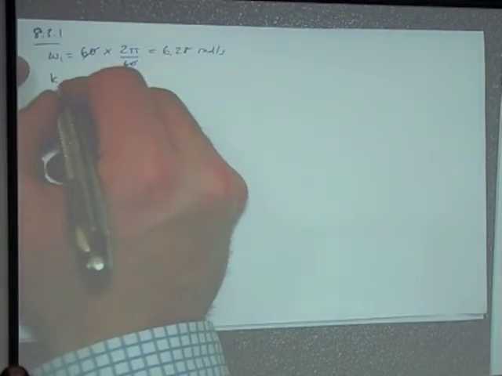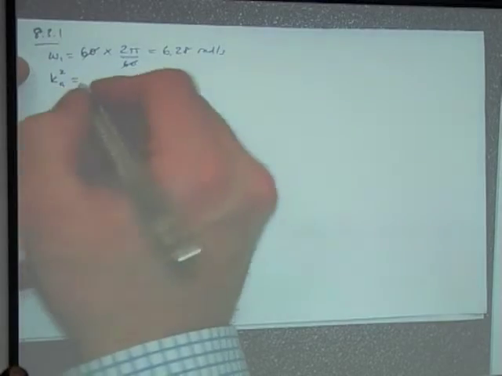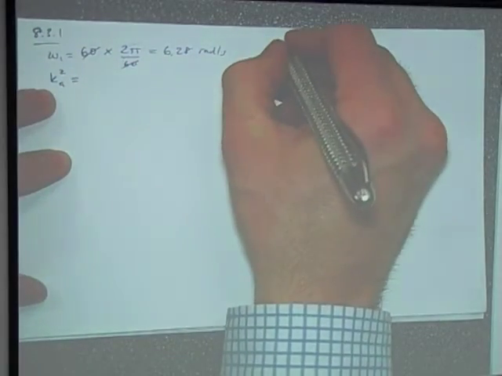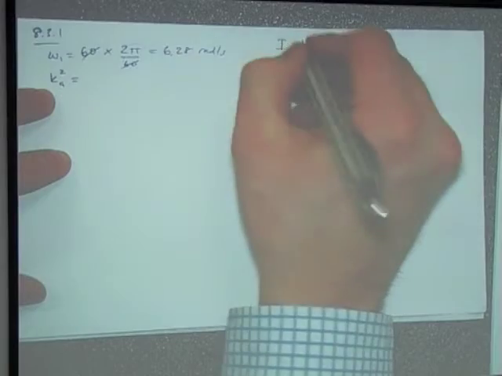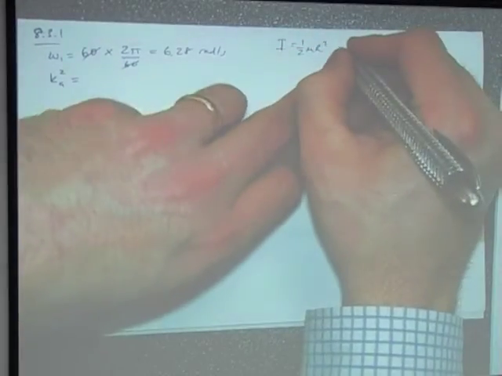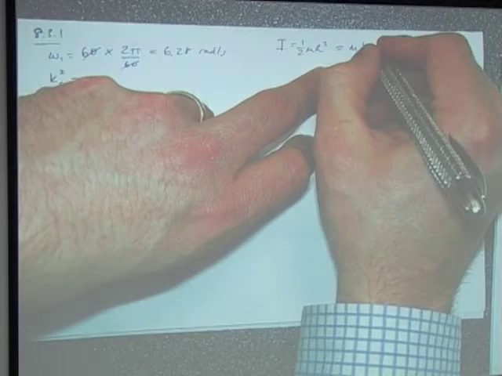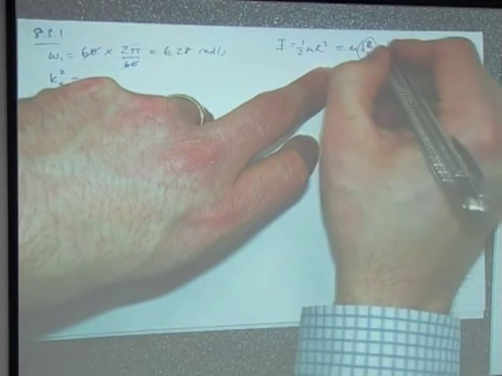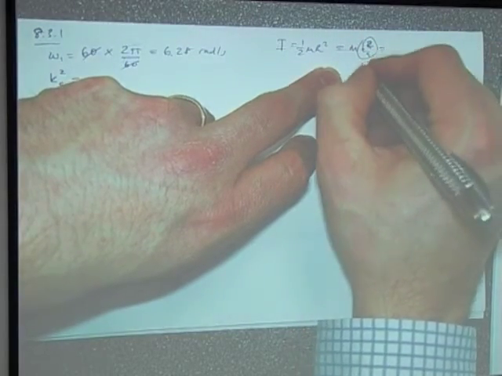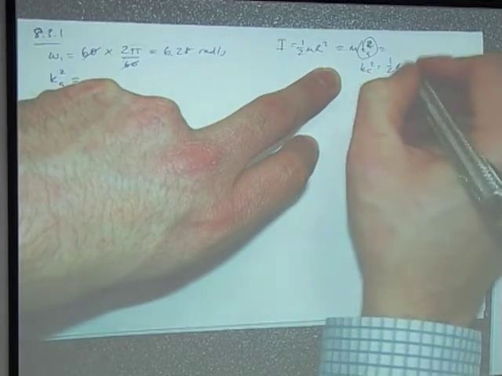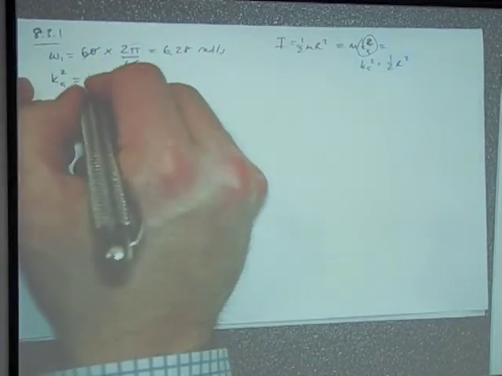We know that the radius of gyration, if you remember for a disk, we've got I equals 1/2 mr squared, and that equals m times kg squared. So kg squared equals 1/2 r squared.